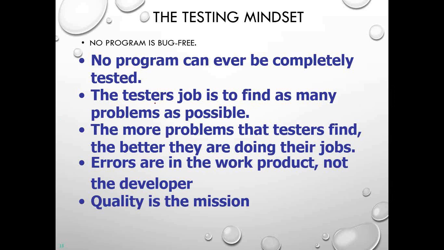The tester's job is to find as many problems as possible. This is required because it's the tester's job to make sure that the software being developed has minimal issues and more success.